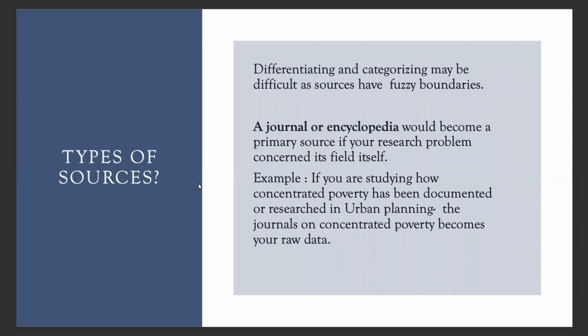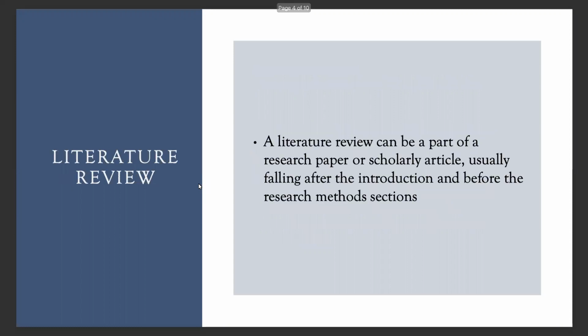So then all the literature that you have collected, all the journals that you have collected, becomes your raw data. So then your census data is no more your raw data, but the journals become your raw data. I can give you more examples on that when we meet in our in-person classes.